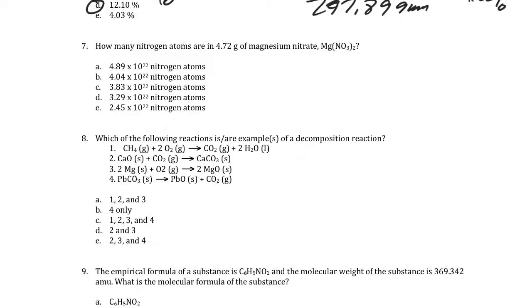How many nitrogen atoms are in 4.72 grams of magnesium nitrate? And so number of N atoms, let me save some space. Number of N atoms equals the 4.72 grams times, we need the molar mass, so 24.3 plus 14.01 times 2 plus 16 times 6, so that's 148.3.